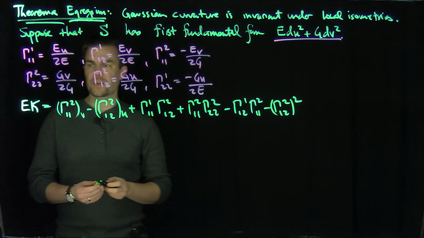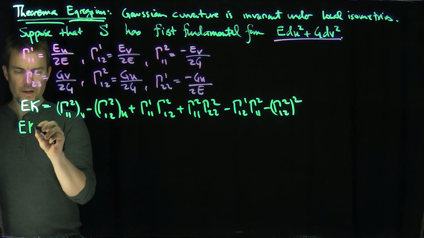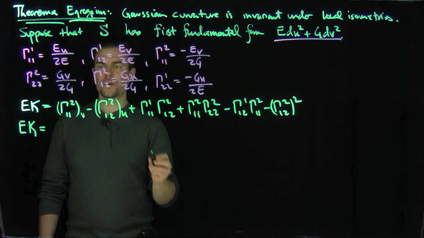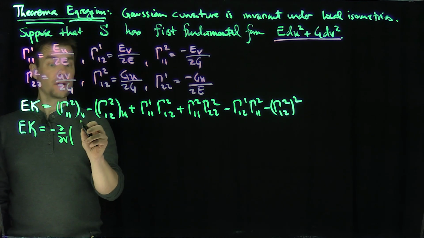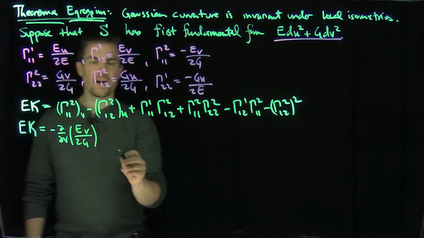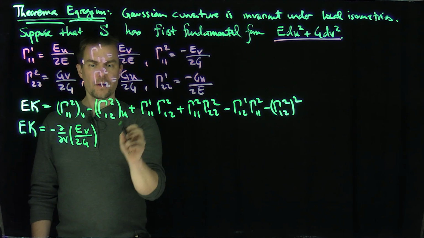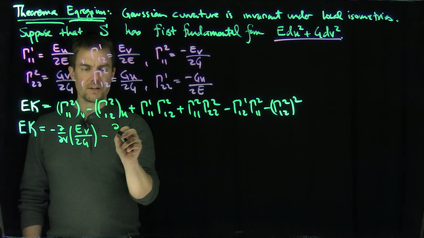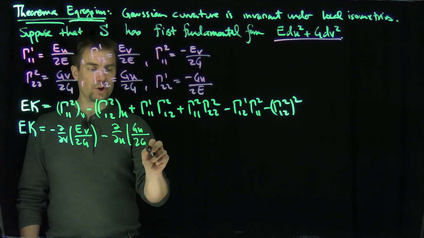Okay, so let's fill in what these things are going to be, right? E times K is going to be gamma 1,1,2, so that's over here. It's going to be negative d by dv of E_v over 2G. Then gamma 1,2,2 is over here. It's going to be minus d by du of G_u over 2G.